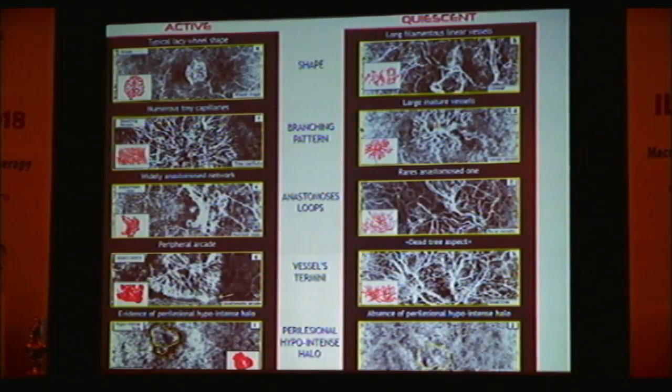So this is a halo around the lesion, it's active. So these are the kind of things which tell us in OCT angiography whether we are dealing with an active lesion.